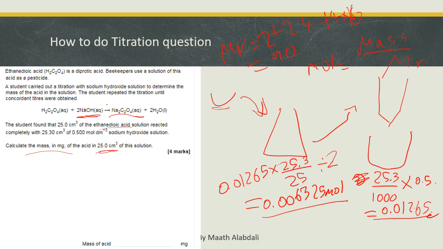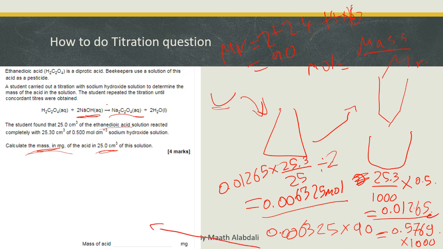And then from there you do 0.006325 times 90, and it's going to equal 0.576 grams. But the question says calculate the mass in milligrams, so you multiply by 1000 and you should get an answer of 576 milligrams.